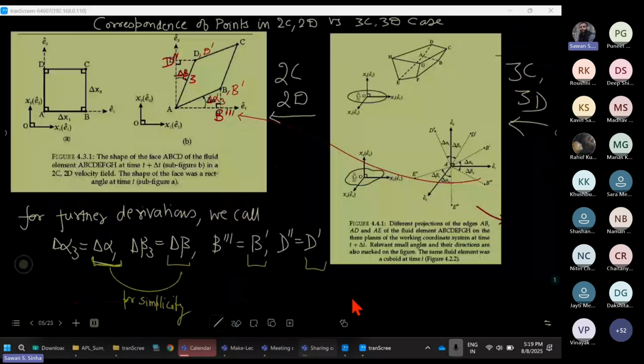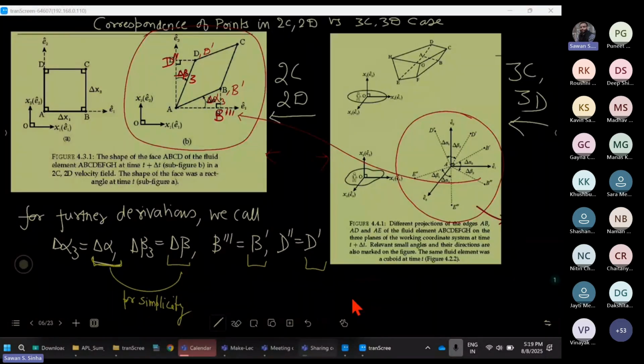Now, before I start showing you the algebra, I want to show the correspondence that exists between this 2C2D case on the left hand side and the general 3C3D case that I showed earlier. In the 3C3D case, I had so many points, single prime, double prime, delta alpha 1, delta alpha 2, all those things were there. Here we have a simplified picture, but let's see the correspondence.